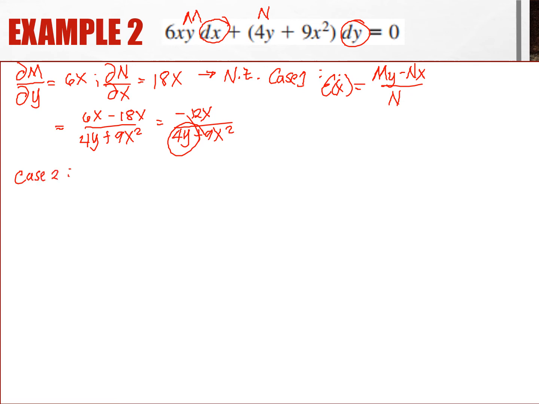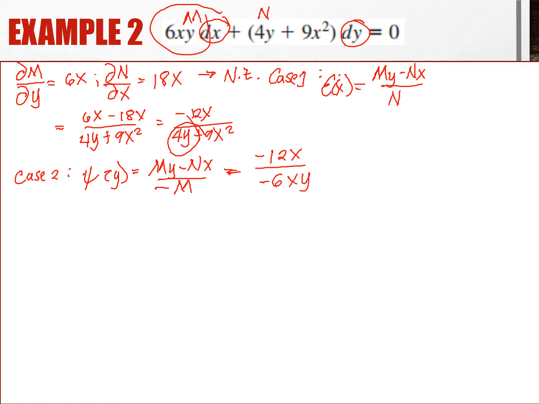So case 2, we have your formula like this: mu of y is equal to e to the integral of Nx minus My over negative M. Therefore we have your negative 12x, and your M here is 6xy, so you have negative 6xy.